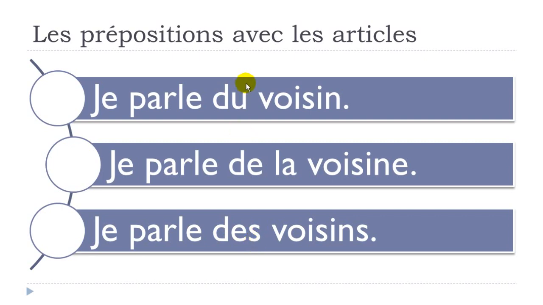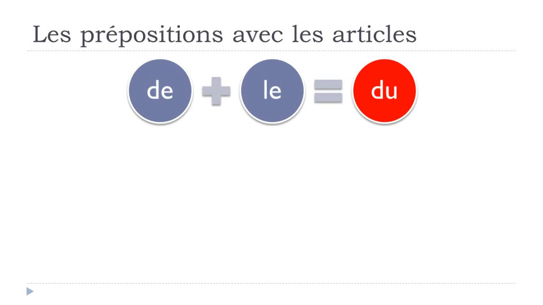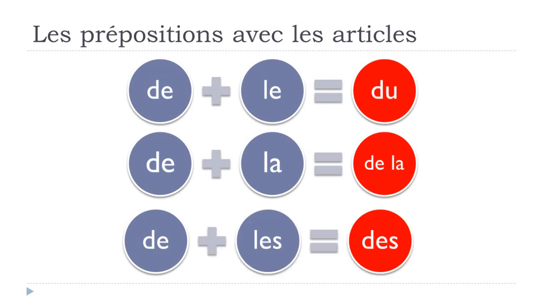So remember, masculine, du, feminine, de la, and then the plural form, whether it's masculine or feminine, it will be the same, des. So, let's write it like that. De plus le will become du. De plus la will stay the same. Nothing happens. De la. And then de plus les will become des.